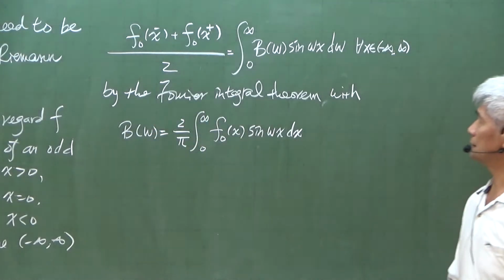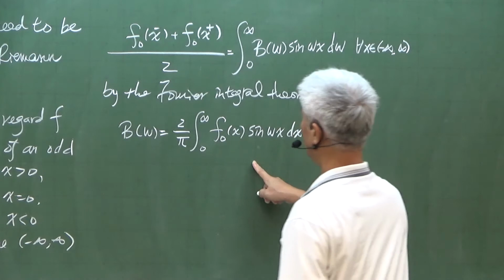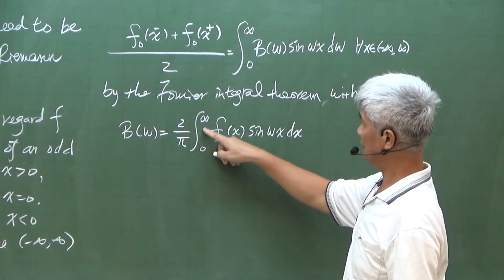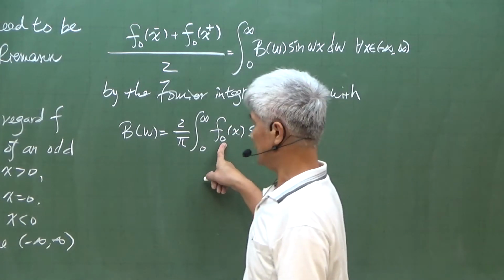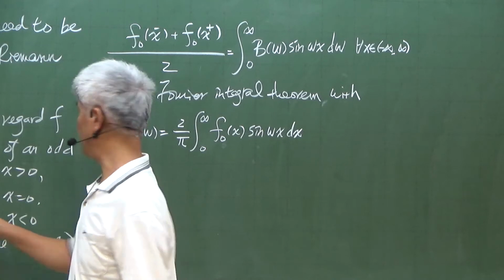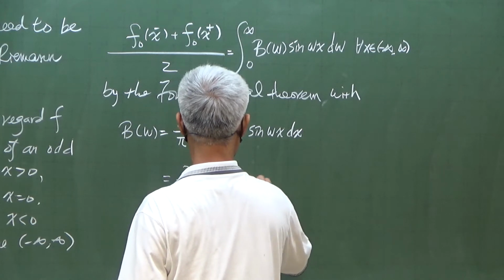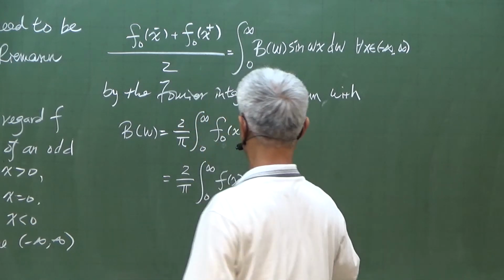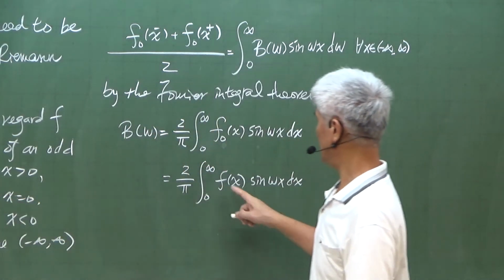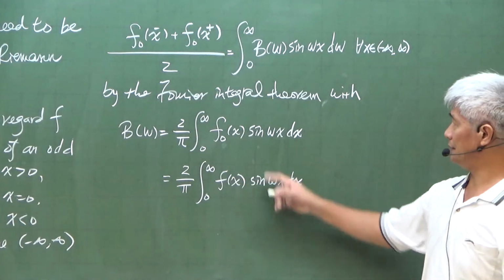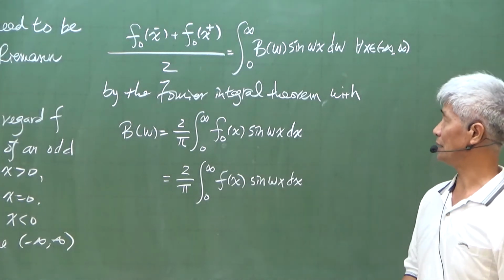So we deal with this odd function, but in this semi-infinite interval from 0 to infinity, the odd function is equal to f of x, except possibly at the point x equals 0. But for integration, a difference at a single point doesn't make any difference. So we just write it down there.